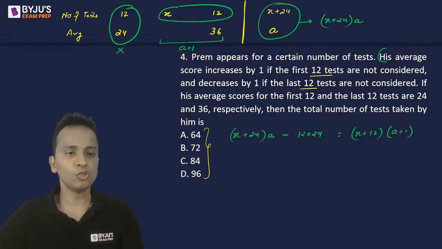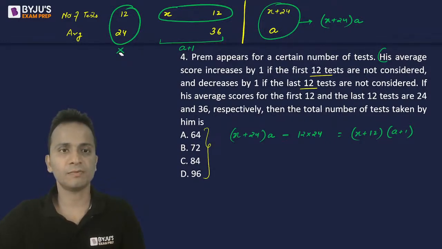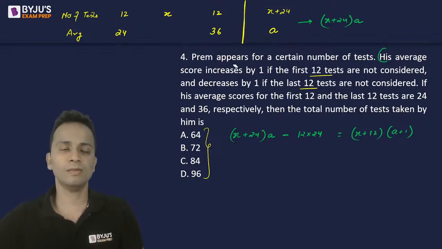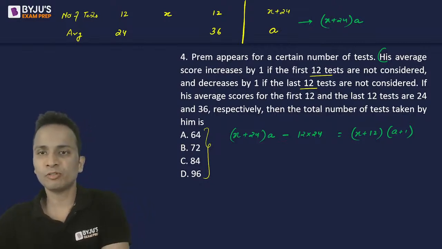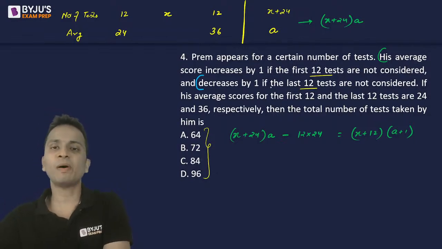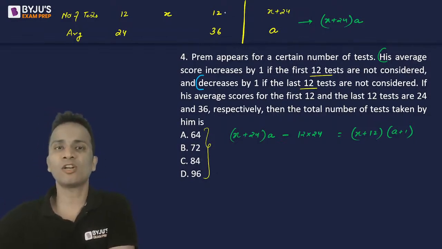Now let's move on towards the second statement: the average decreases by 1 if the last 12 are not considered.